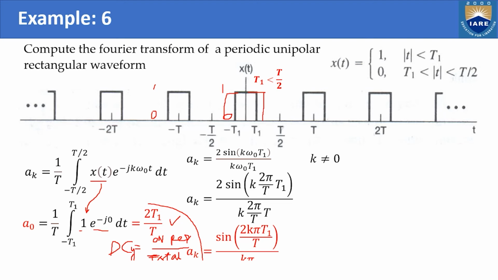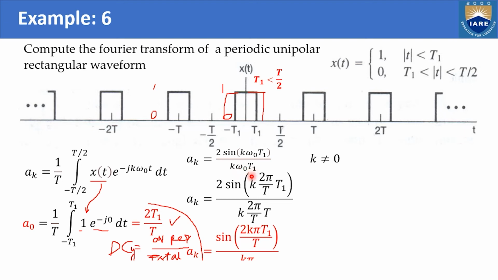Now what about the other coefficients? Let us take a_k, which is not equal to 0. In general a_k is a sinc function, which we have already derived several times: 2 sine of k omega naught T1 divided by k omega naught T1.